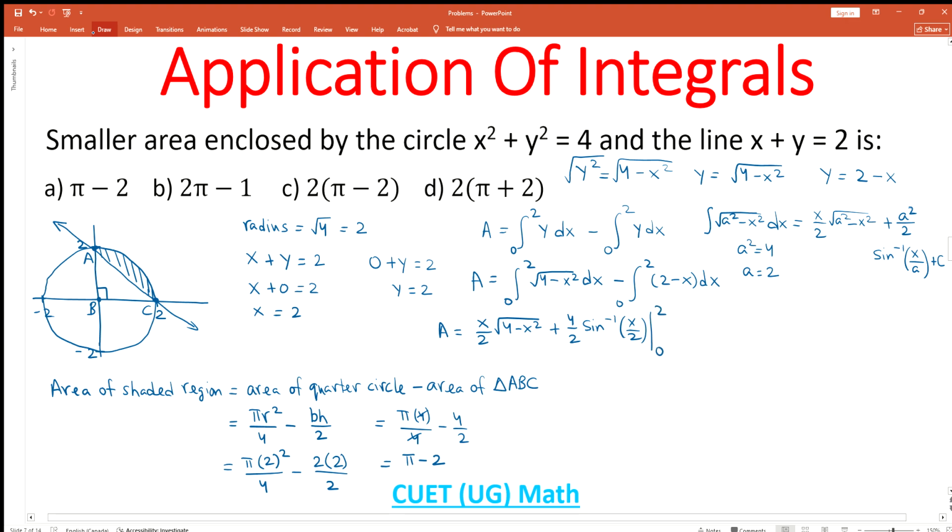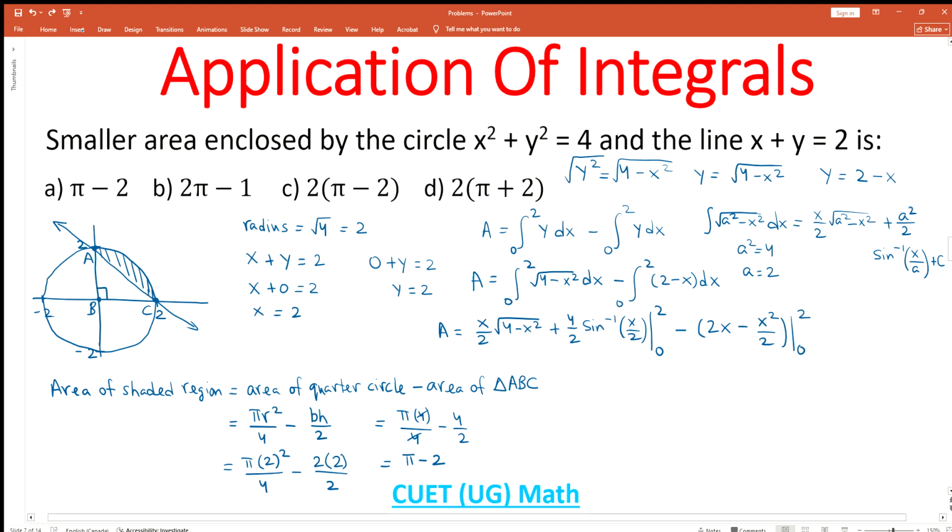Now we can find the integral of the second expression 2 minus x. I get 2x minus x squared over 2 with the lower limit 0 and upper limit 2.